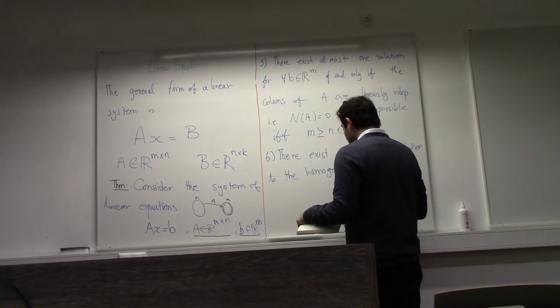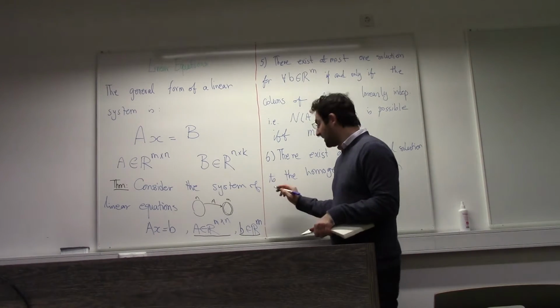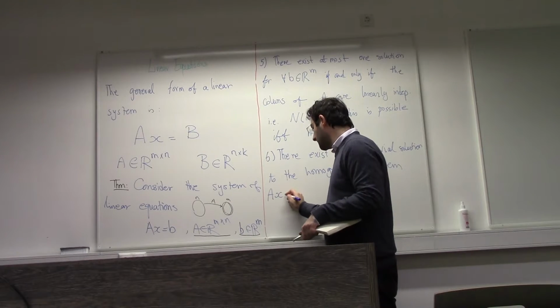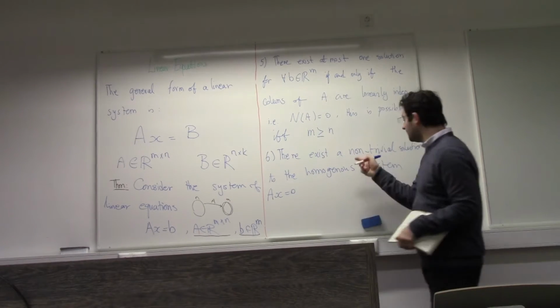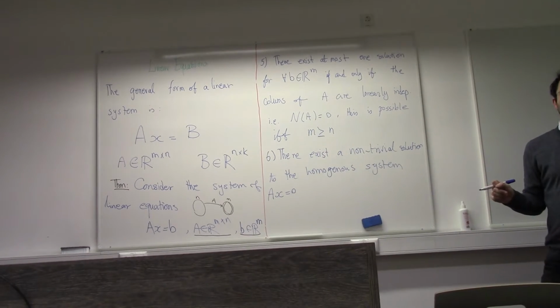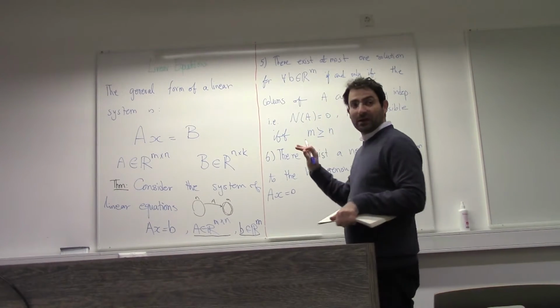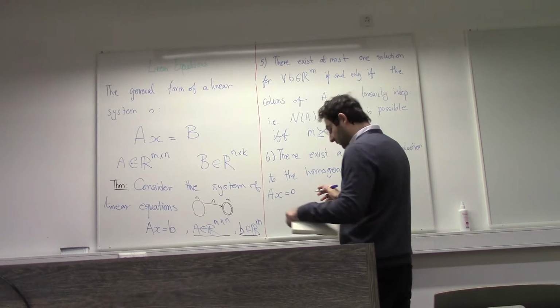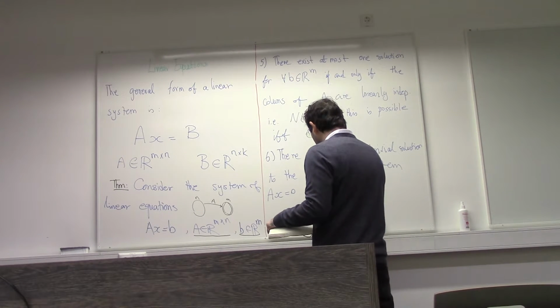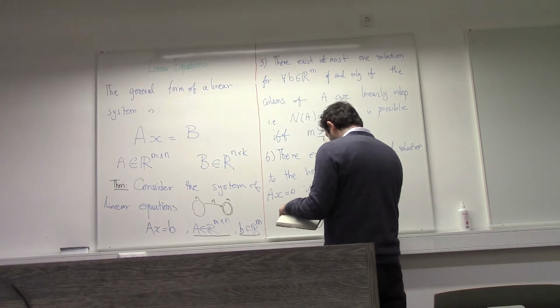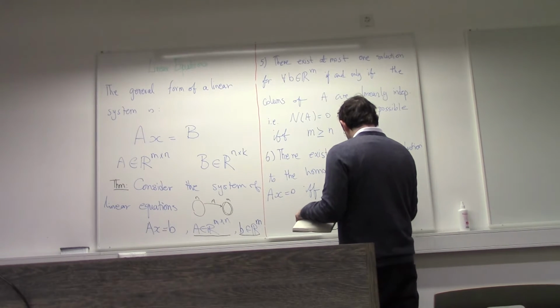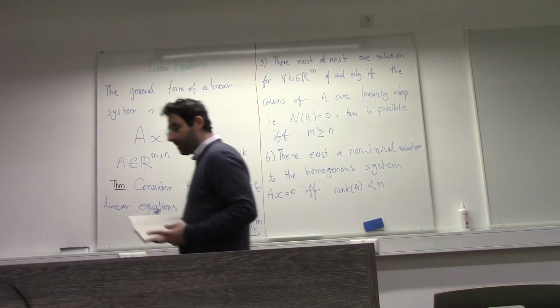What does the homogeneous system mean? It means Ax is equal to 0. What is the trivial solution? x is equal to 0. So there exists a non-trivial x, not equal to 0, for such a homogeneous system if and only if the rank of A is less than n.